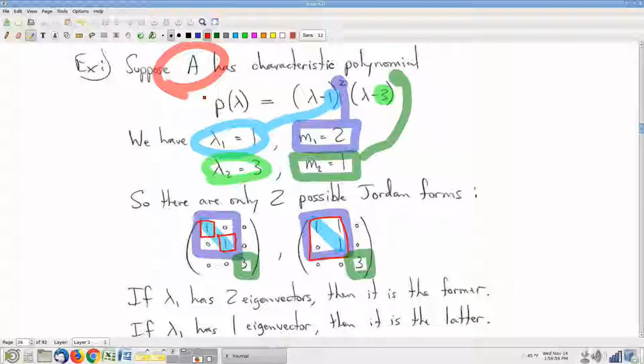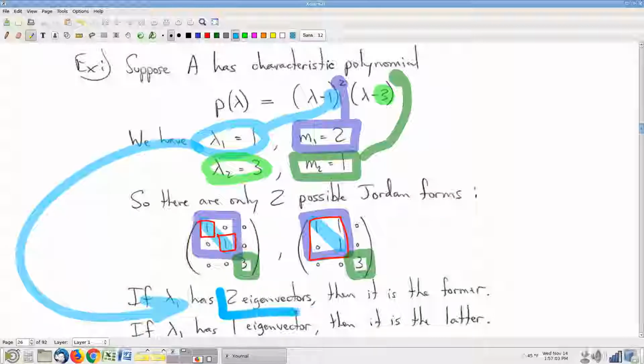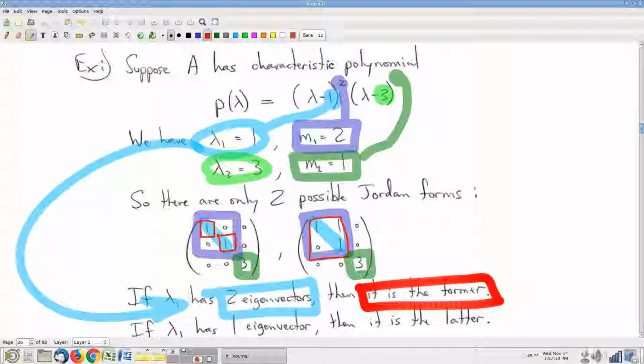If that eigenvalue has 2 eigenvectors, then there are 2 basic Jordan blocks, namely that.